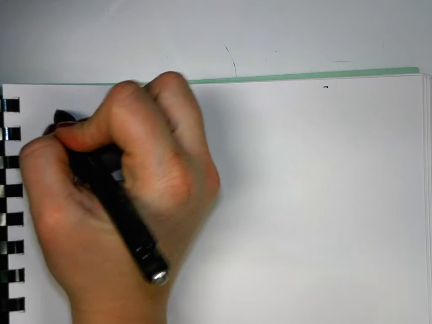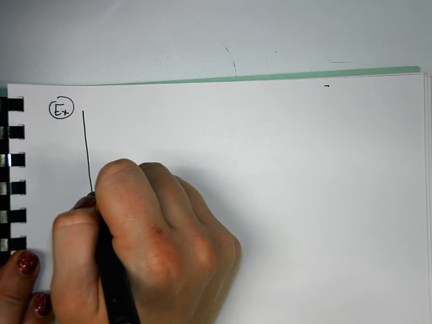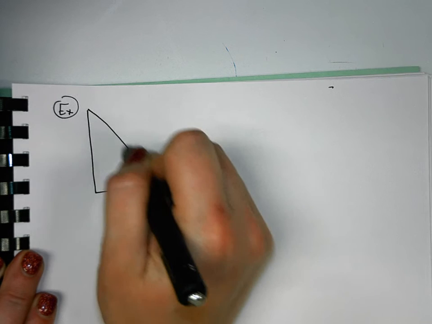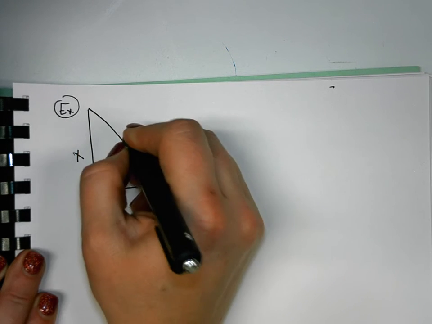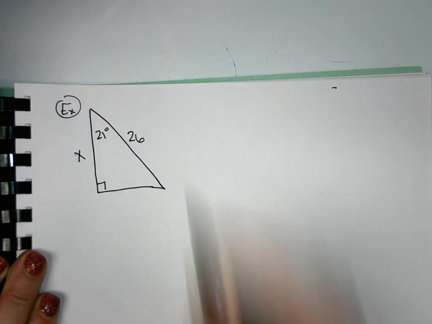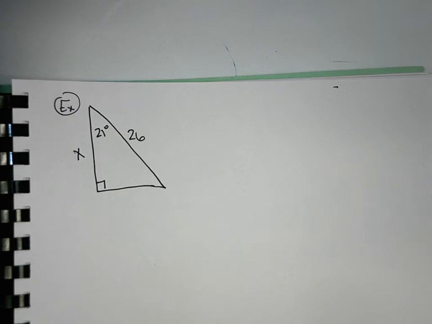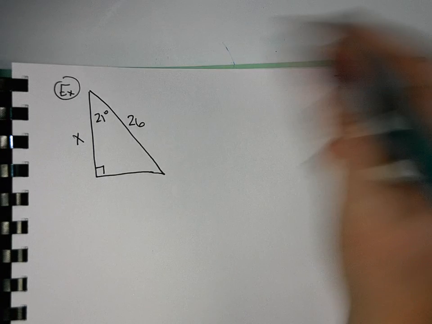Next one. Again, we're going to be finding x. So once you have your picture drawn, label opposite, adjacent, and hypotenuse, and see if you can tell which trig function we're going to use here.